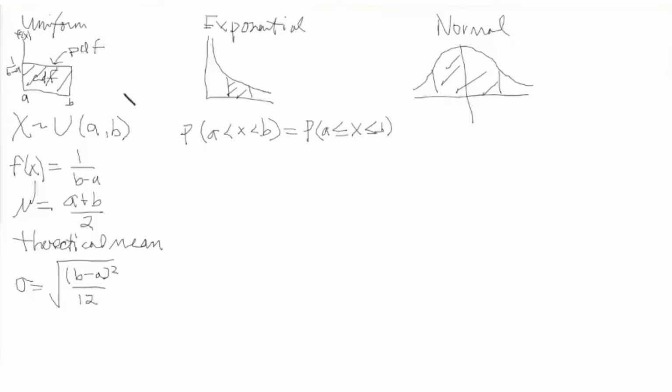And so it's still going to be the same space. So whether it includes those endpoints or not, the area is going to be the same. If it includes them, it's called inclusive, and if it doesn't include them, it's called exclusive.